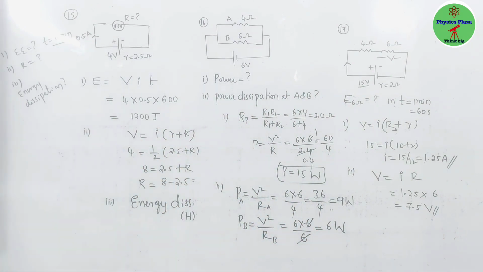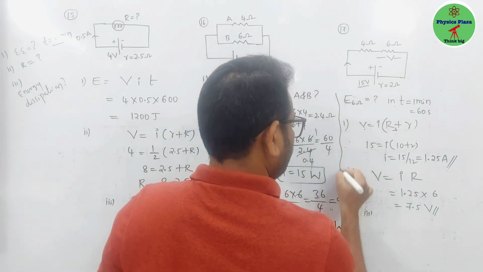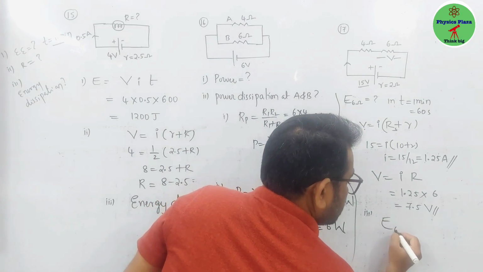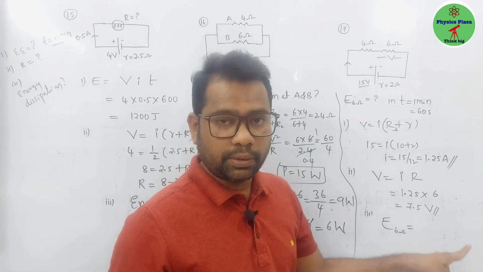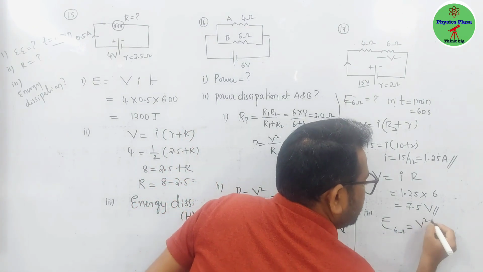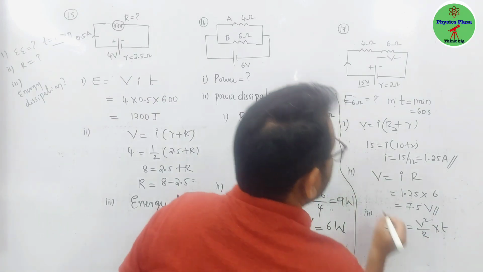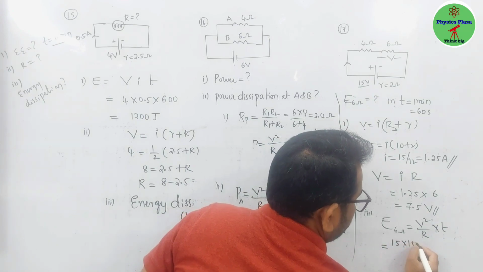Now what we have to calculate? They are asking us to calculate the energy dissipation across the 6 ohm. We know that energy dissipation is actually power into time. But power is what? V square by R. So it is V square by R into T. So V value is how much? 15, right? 15 into 15.